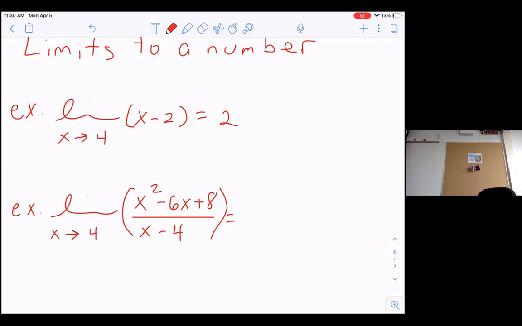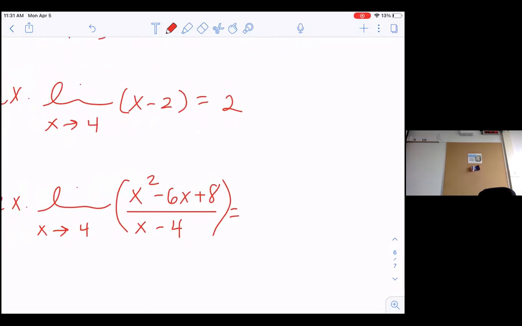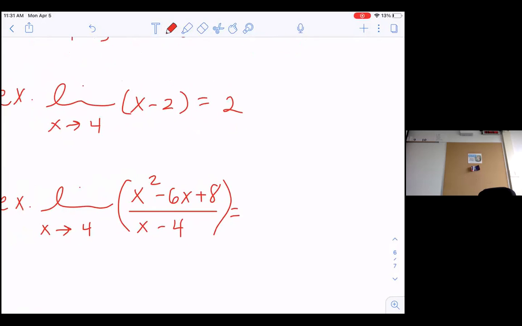One method is just try and factor the top and bottom and see if we can cancel out the denominator. So for example, in this case, the top factors into x minus 4 times x minus 2, and the bottom was x minus 4. And so now notice that the x minus 4's cancel, right?